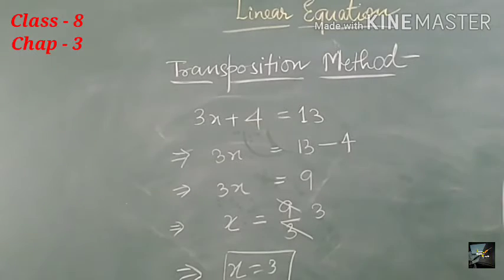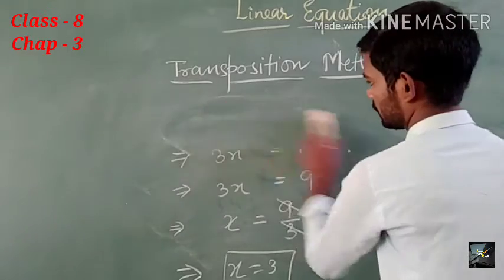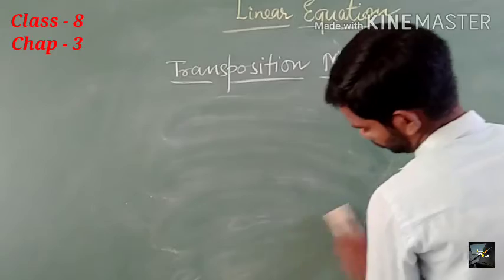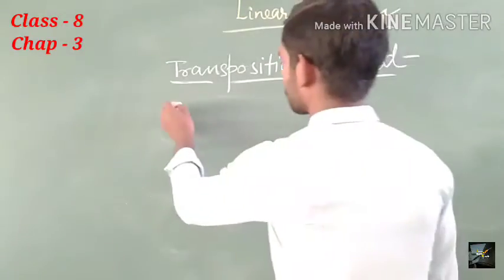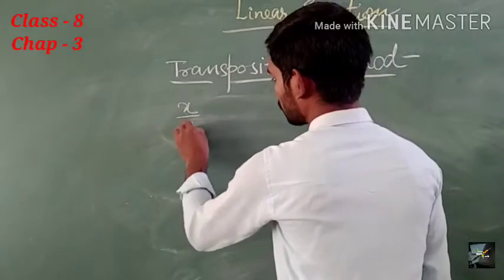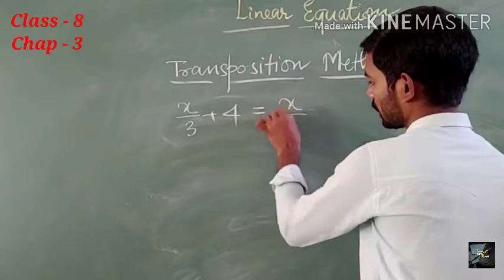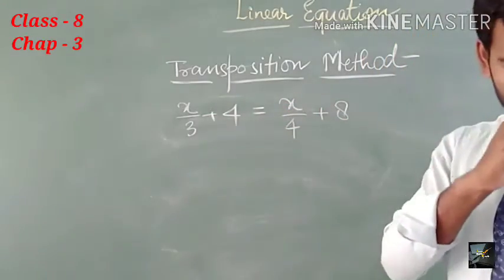Let's see one more question. The next question is x upon 3 plus 4 is equal to x upon 4 plus 8.